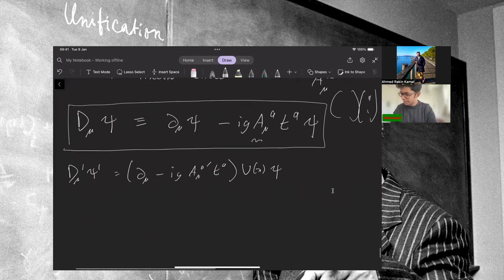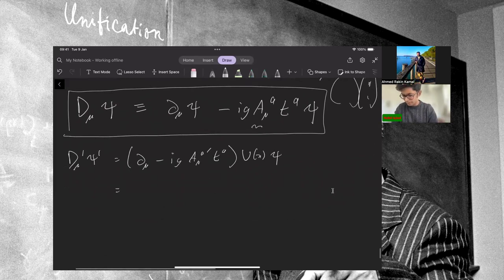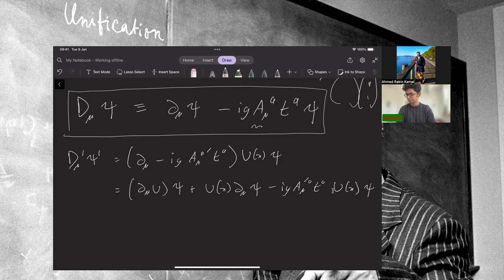Let's do it carefully. We have (partial_mu U) acting on psi, plus U(x) partial_mu psi, minus i g A_mu^a' T^a on U(x) acting on psi. I just expanded this out.